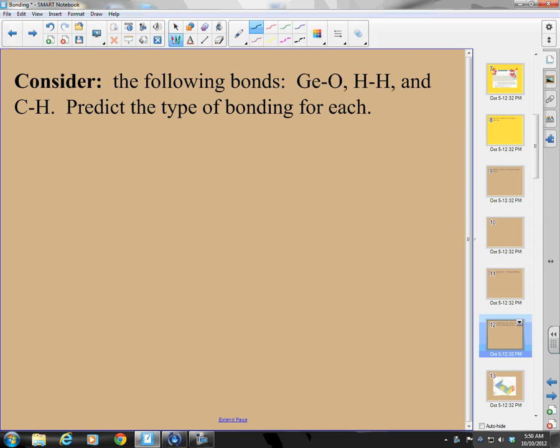As you recall from last time, we said that we have bonding. And what is bonding? We said bonding is forces of attraction, forces holding different atoms together.